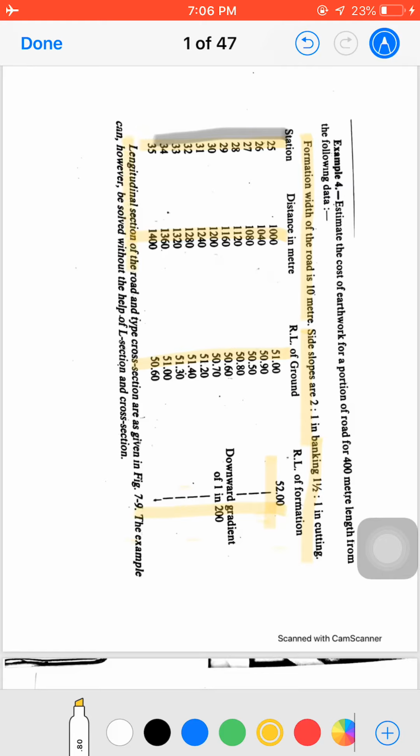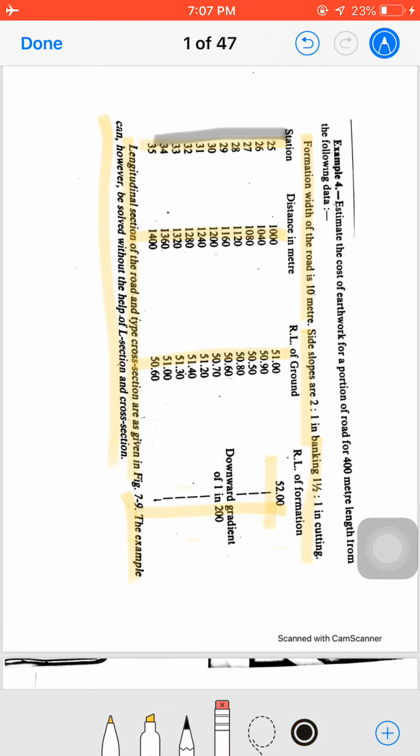They have given this longitudinal and the cross section of the road. They have also mentioned here that the example can however be solved without the help of the L section and the cross section. Like in the previous problem we had plotted longitudinal and cross section, similarly we can do for this problem as well.